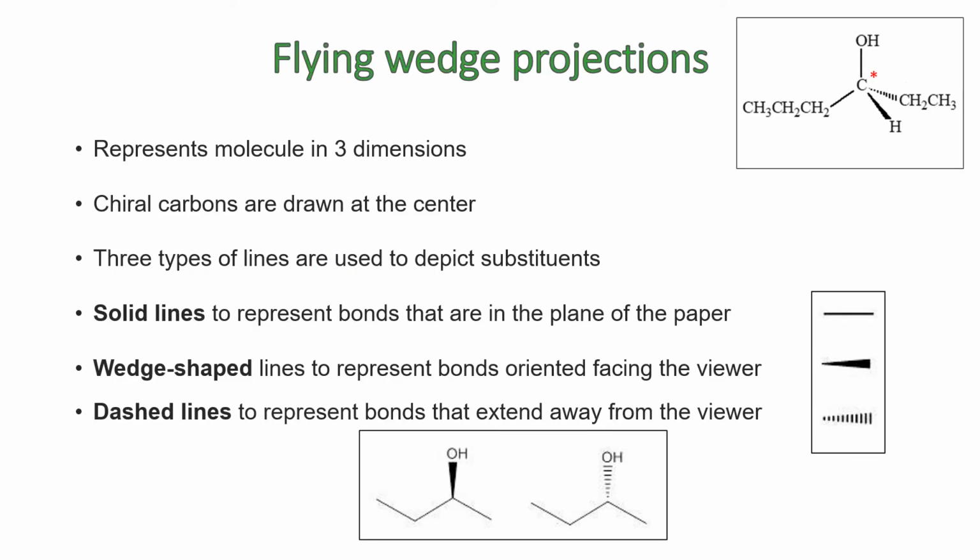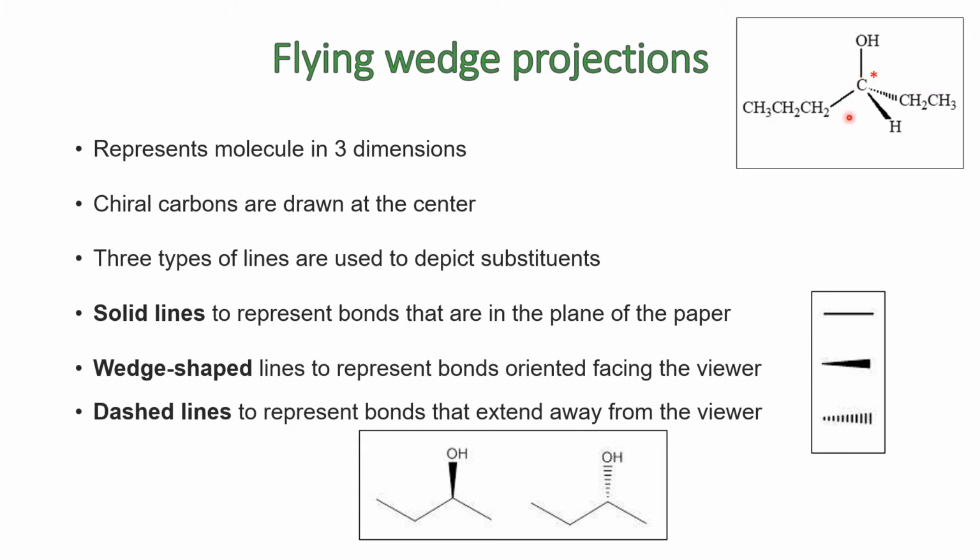Now we will see projections which are used to depict configurational isomers. To be more specific, optical isomers; these are most widely used. In the flying wedge projection, the molecule is represented in a three-dimensional way, wherein the chiral carbon atom is shown at the center.